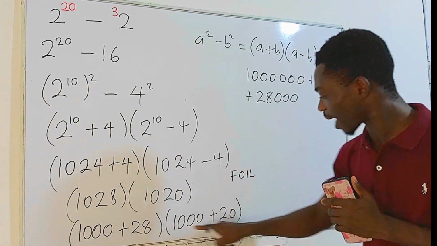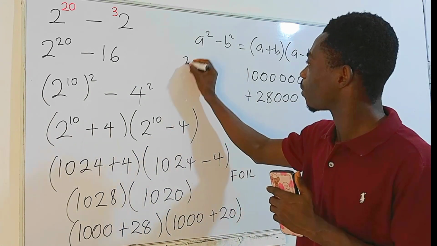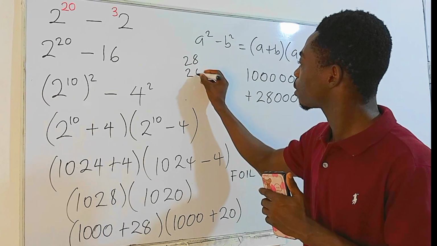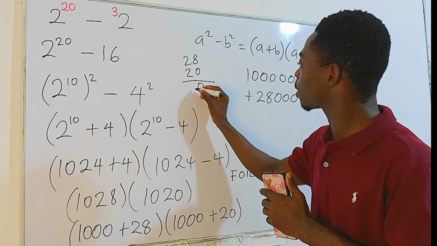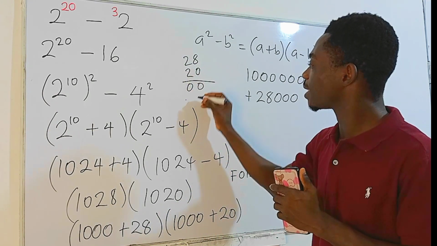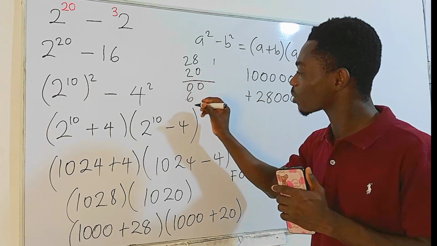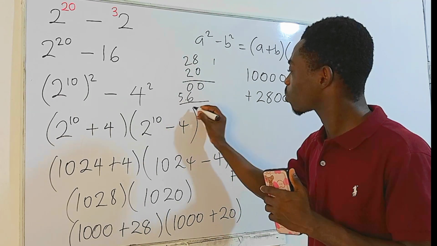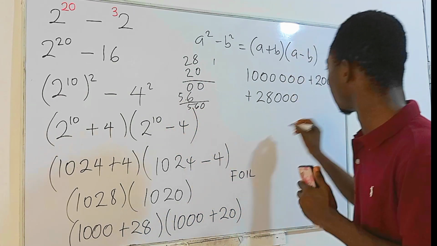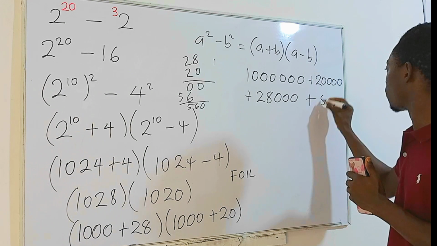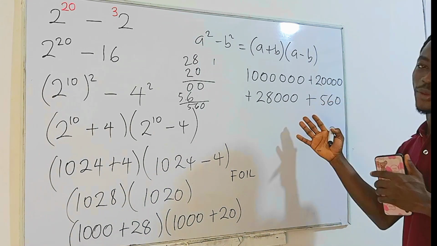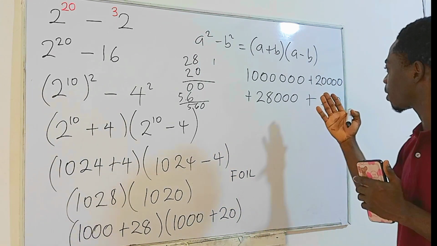Then 28 times 20, let's do the math right here. 28 times 20. This is going to be 0, this is also 0. 2 times 8 is 16. I'm going to write 6, remember 1. 2 times 2 is 4 plus 1, that is 5. So we are going to have 560. So plus 560. There we go.